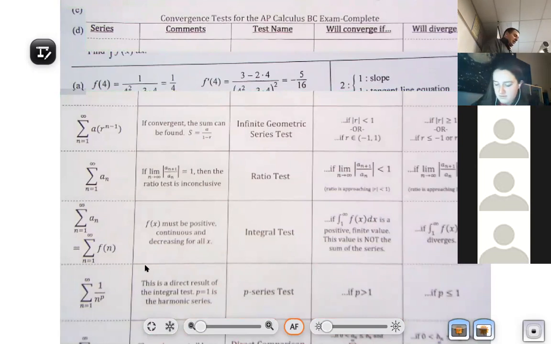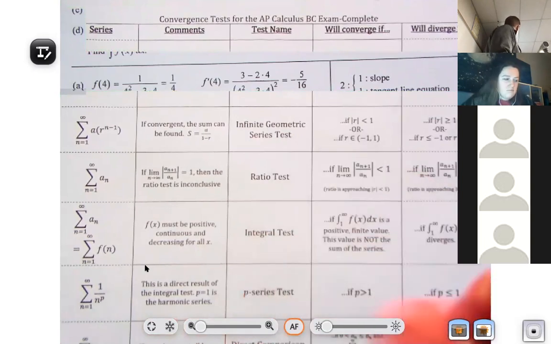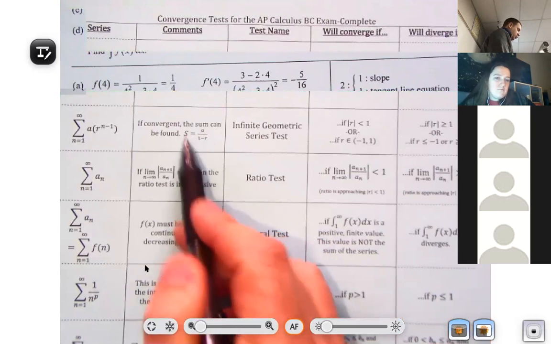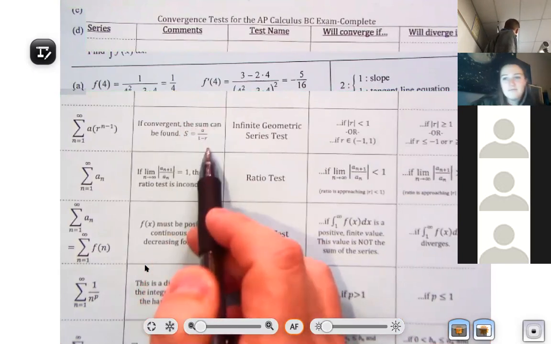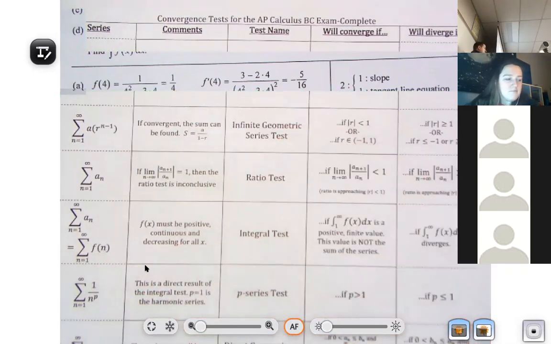What's really nice about the geometric series test is it's the only type of series where you can find the actual sum using that formula, first term over 1 minus R. All the other ones, we can tell if they converge or diverge, but we can't figure out what the actual sum is.